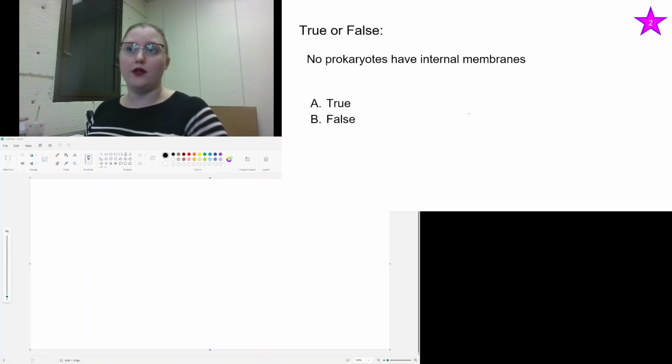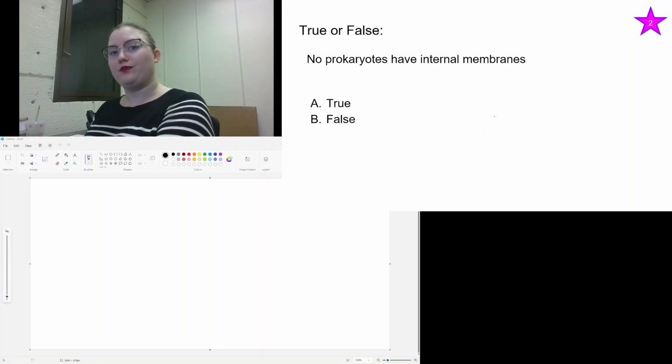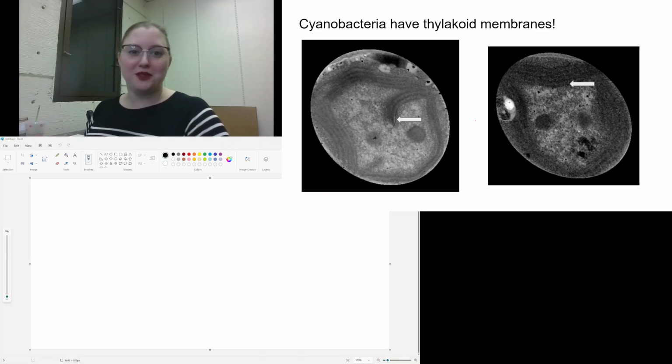Okay, so true or false, no prokaryotes have internal membranes. Pause the video to think about that if you like. And would you look at this? These are my TEM images of cyanobacterial cells from my dissertation. Cyanobacteria are photosynthetic bacteria, and because they are photosynthetic, they have to have a place to conduct photosynthesis.